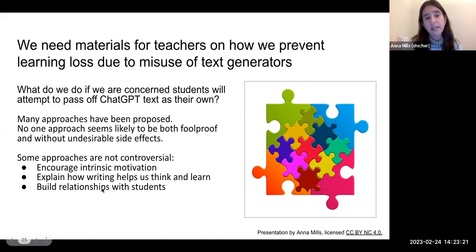And also building relationships with students, these kind of fundamental approaches that we're probably focused on already or aspire to improve on are maybe the most effective at preventing misuse of text generators.